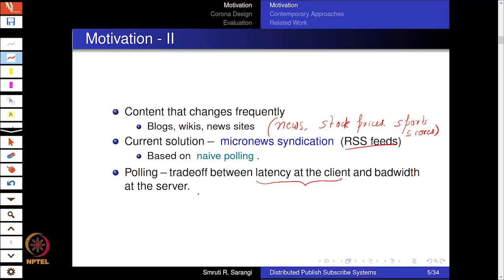So both need to be taken care of. So one is minimize the server load. The other is latency of updates.